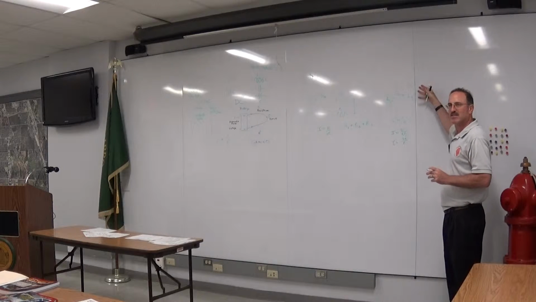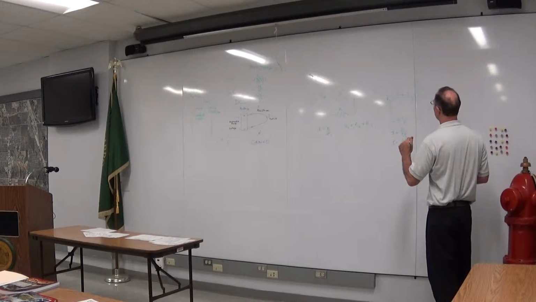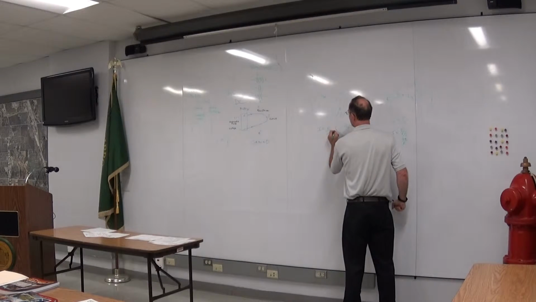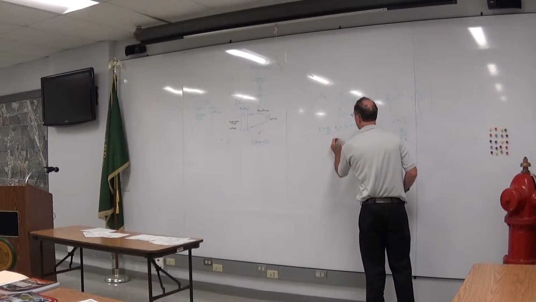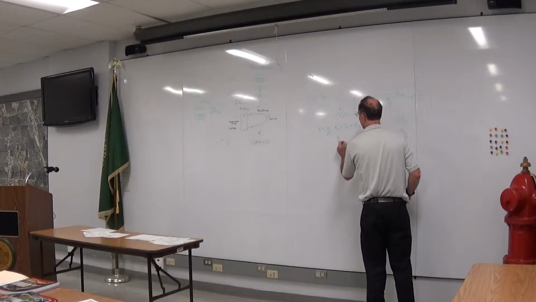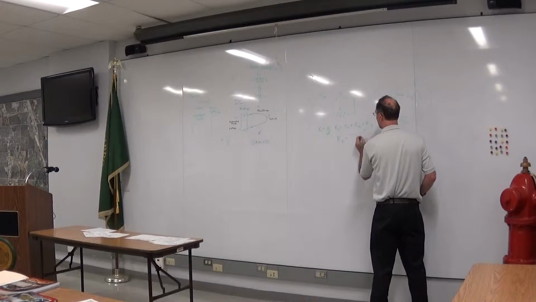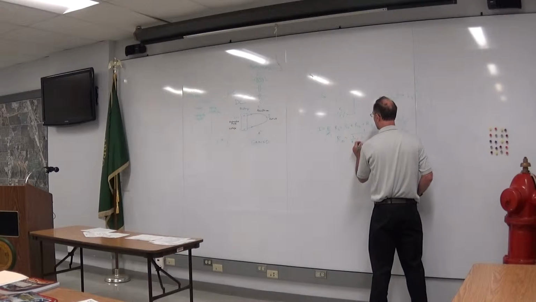Now, what if they're not the same resistor value? Here's the equation you're going to hate. We'll call this RS for series resistance. RP for parallel resistance is 1 over R1 plus 1 over R2 plus 1 over R3 plus as many as you've got.